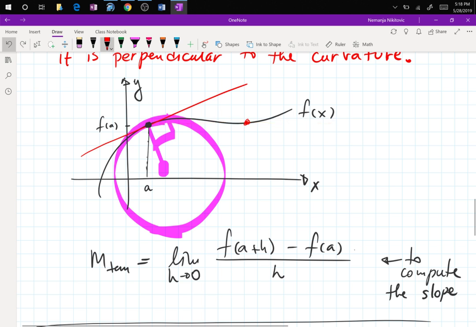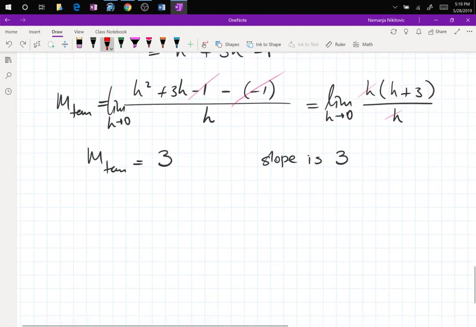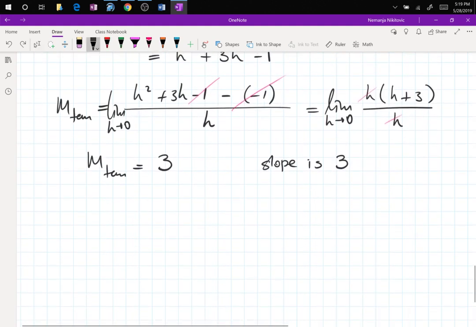So if I change the value for x, the slope changes. So same problem, different slope.